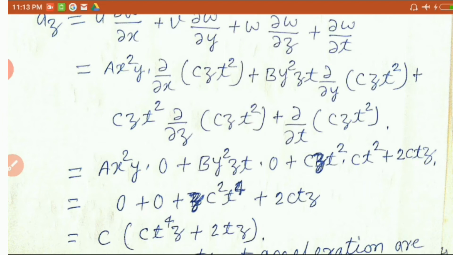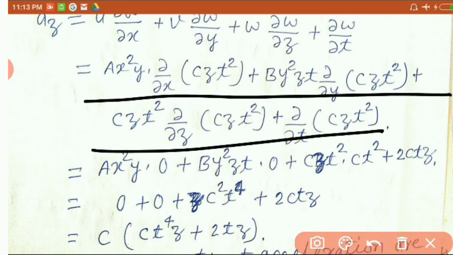So calculate this. Again, after calculation we get this: c into c t to the power 4 z plus 2tz.